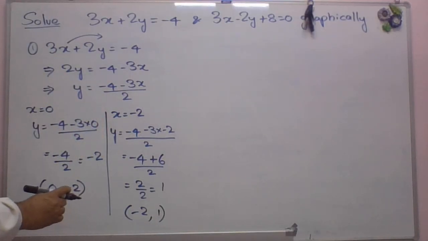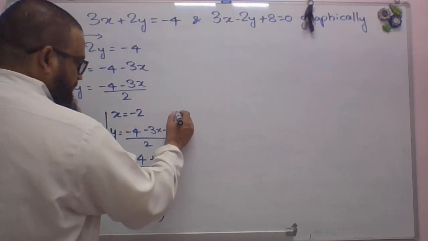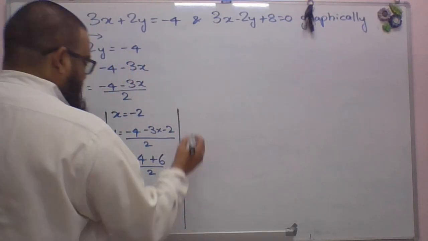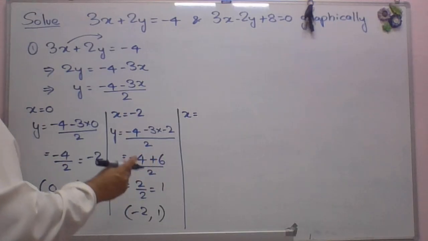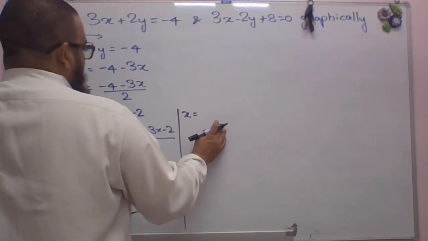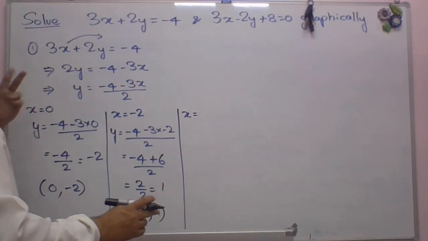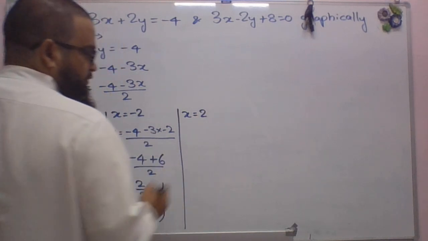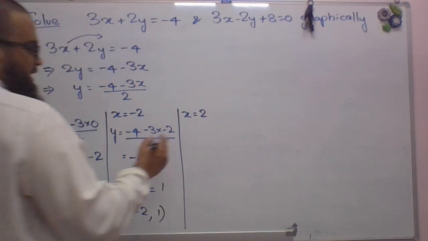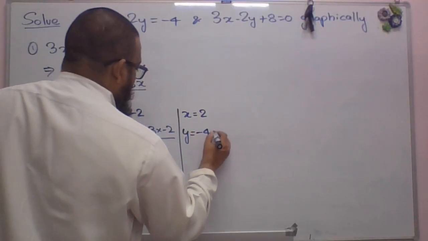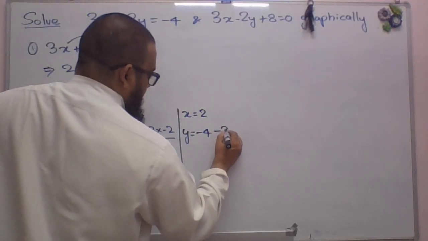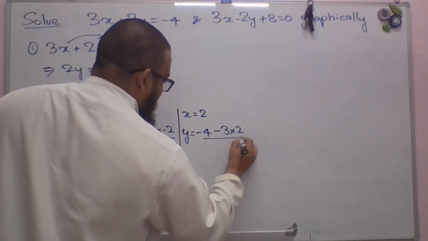Okay. Now let us go for the next one. Let us take x is equal to 2. If I take x is equal to 2, what happens? y equals minus 4 minus 3 multiplied by 2, divided by 2.